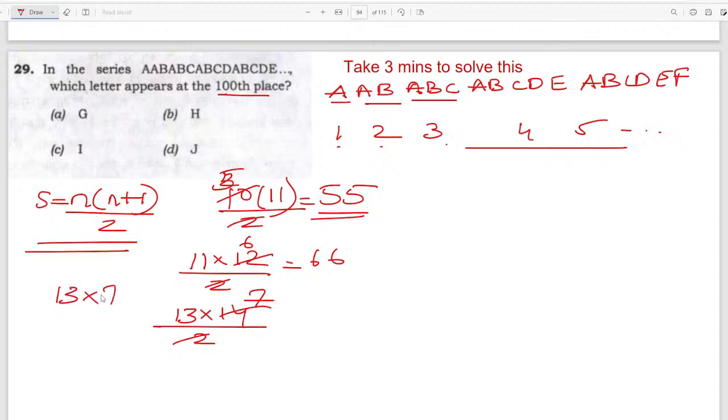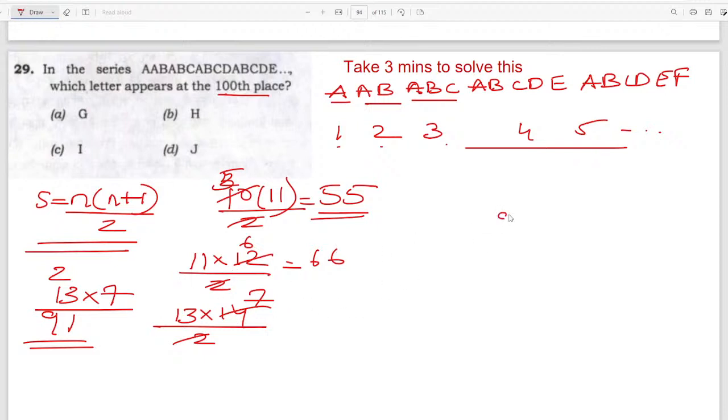which is 91. So after the 13th group, it will start again. There will be 13 alphabets in the 13th group, and after that the 100th term will start.